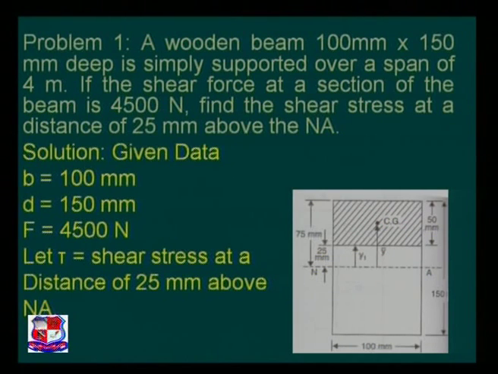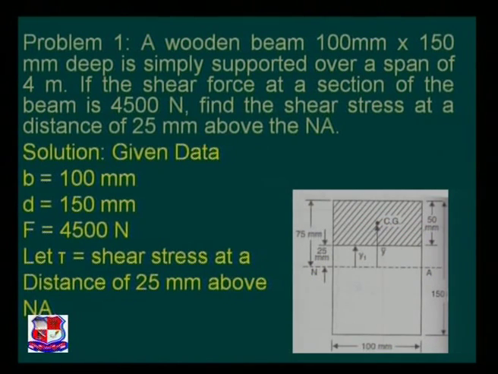A wooden beam of cross section 100 mm by 150 mm deep is simply supported over a span of 4 meters. If the shear force at a section of the beam is 4500 Newton, find the shear stress at a distance of 25 mm above the neutral axis.